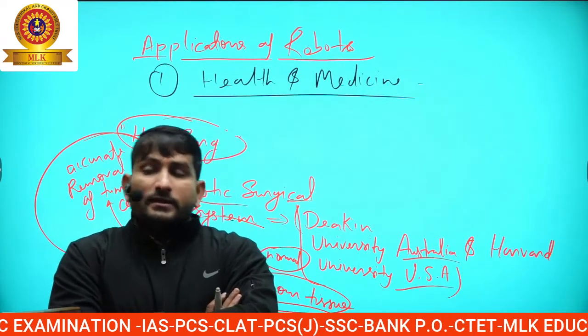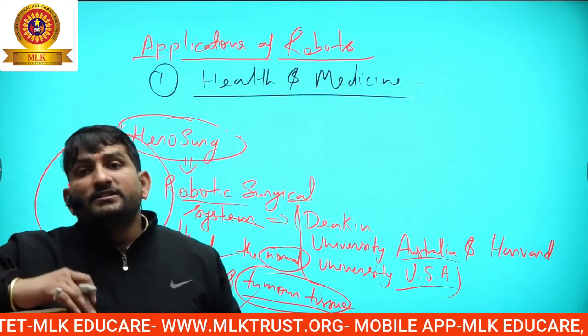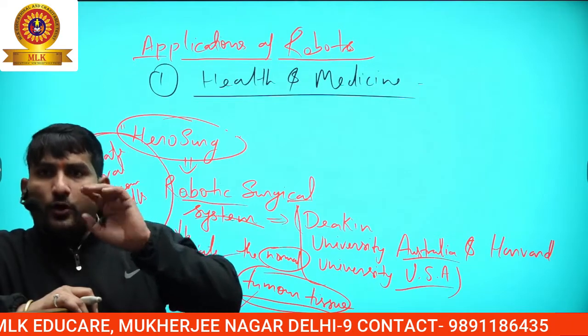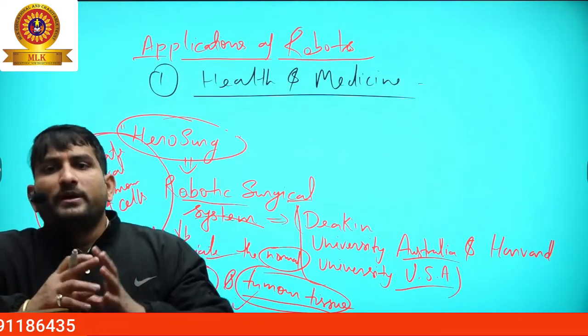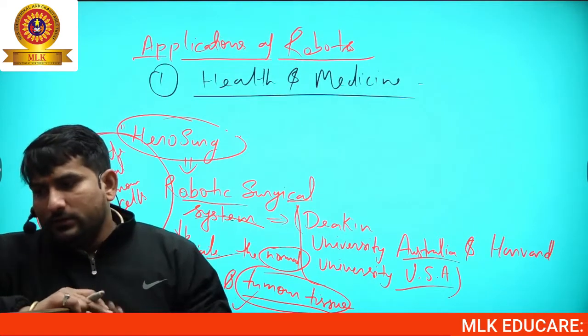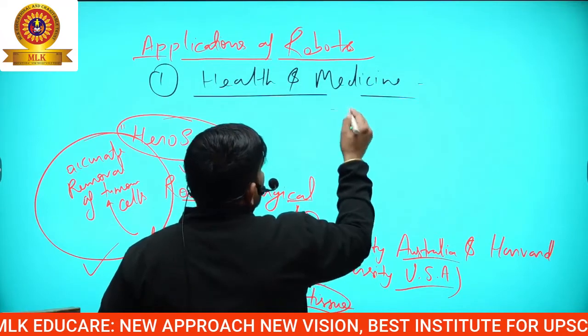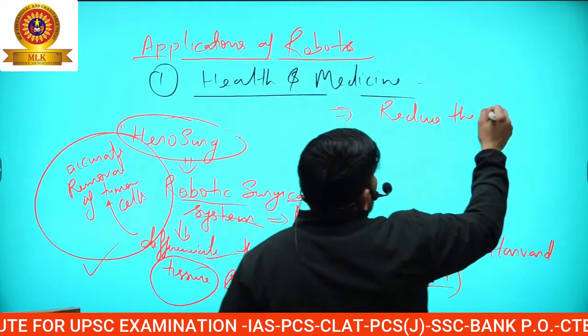So in that case there is a loss of blood. Okay, so anemic condition can cause, ठीक है, in the human surgical operations. You can say the surgical operations which are carried out by the humans. But in the case of the robot, it is leading to reduced blood loss.